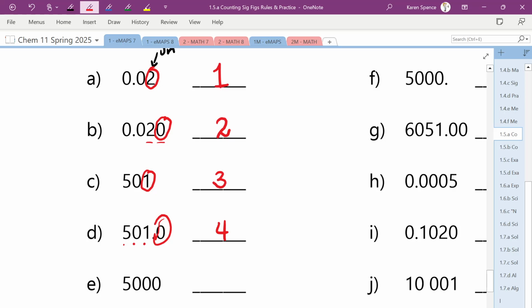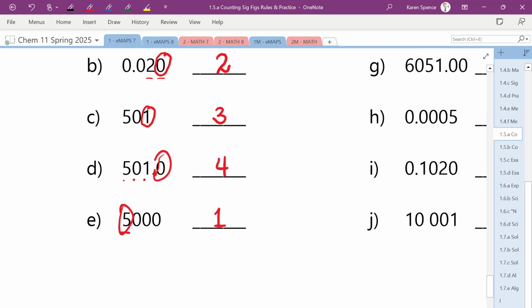But with our next one, we have only one sig fig because there is no decimal in the number. Those zeros are not significant. So this is my one sig fig, so that's my uncertain digit.